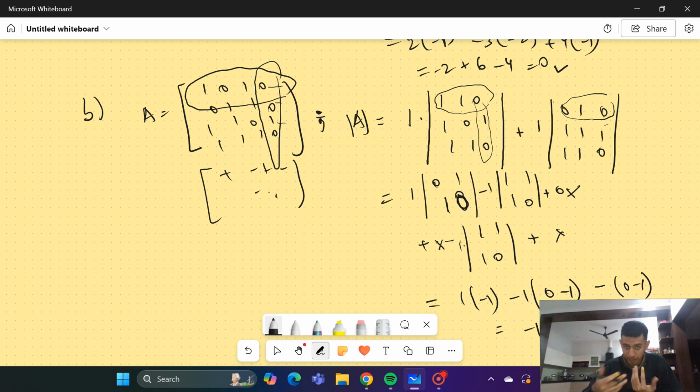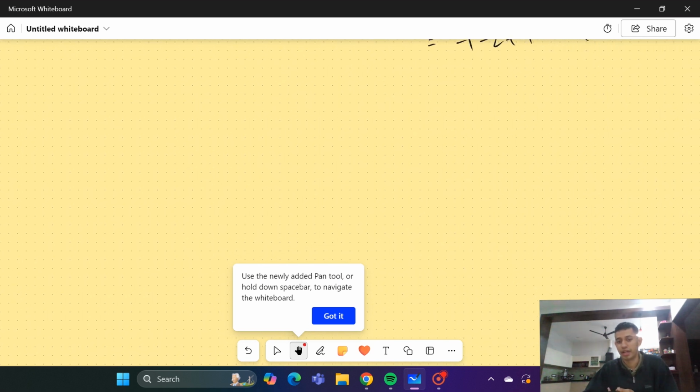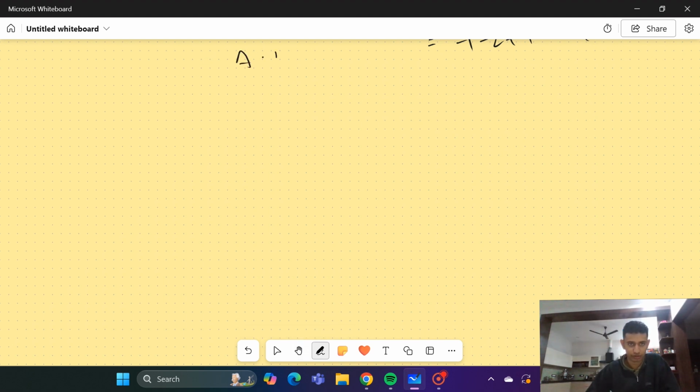Now since we found that it's invertible, we can actually start our search for its inverse. Let's think about how you actually find the inverse once you know it's invertible. What you're effectively trying to do is solve this equation.